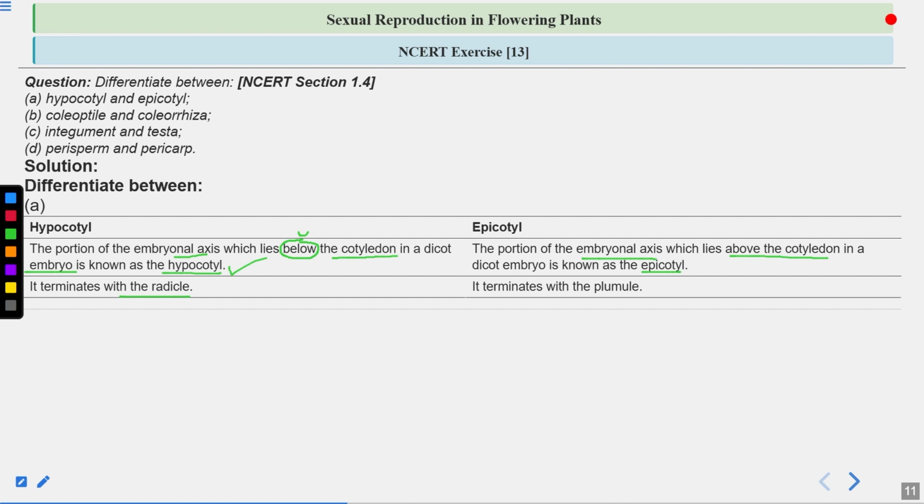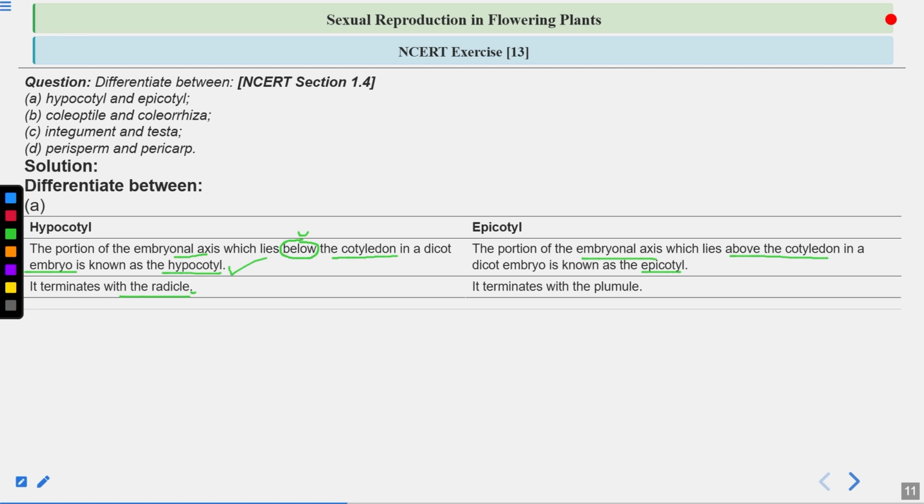This hypocotyl, where does it end? It ends where the radicle is present. So it starts from the region of the cotyledon and ends with the radicle.